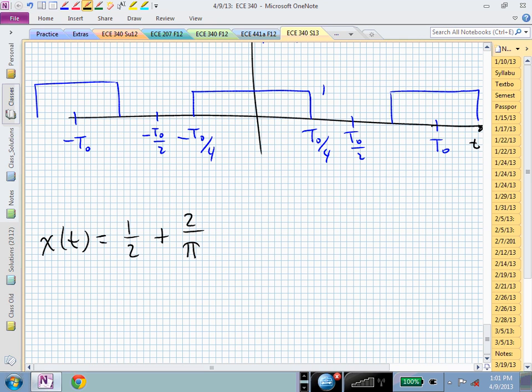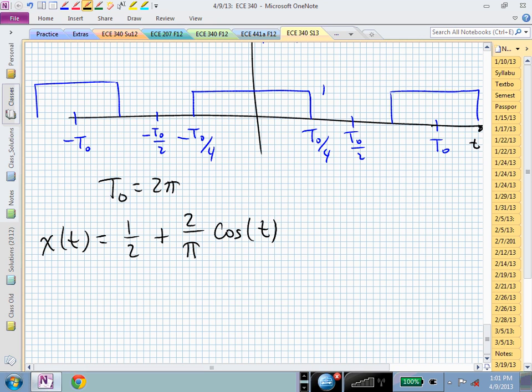A is 1, capital A is 1, and now we have 2 over pi cosine of t. Oh, I must have now specified what t naught was. What was t naught? Capital T sub 0 is 2 pi. So we're assuming now that t sub 0 is 2 pi.